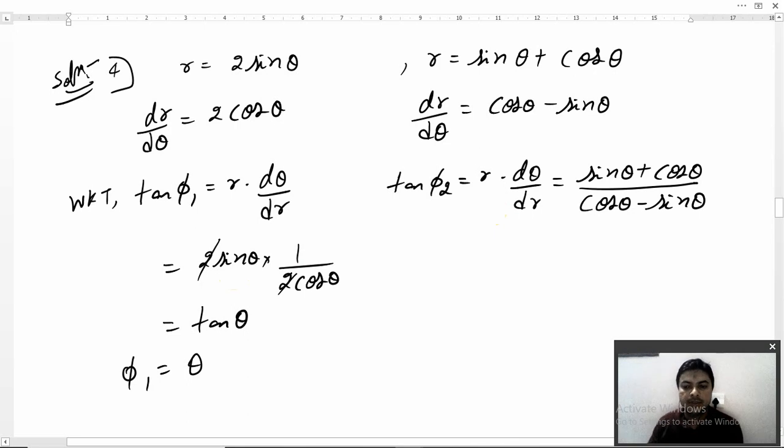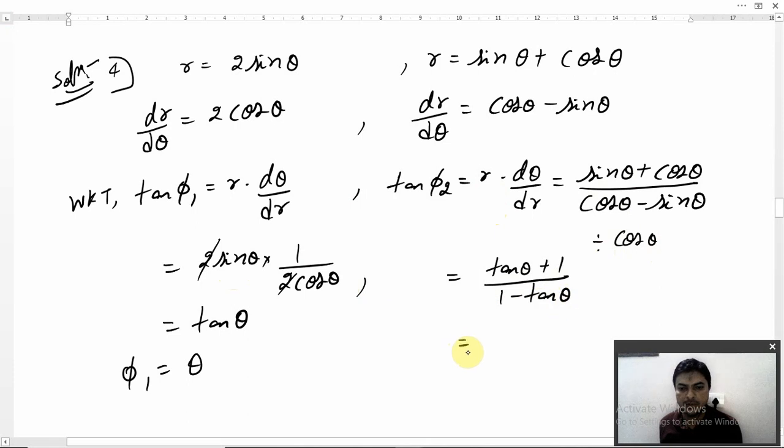So I want to make the right-hand side tan, so I will divide everywhere by cos theta, so that sine divided by cos is tan. This gives tan theta plus 1 divided by 1 minus tan theta.